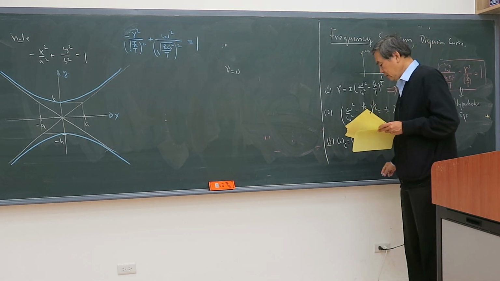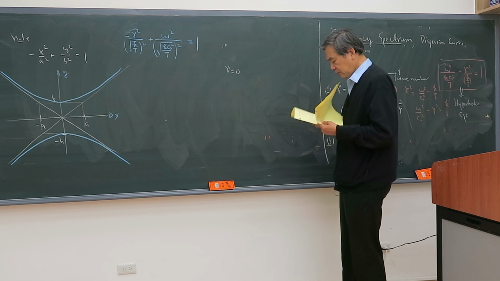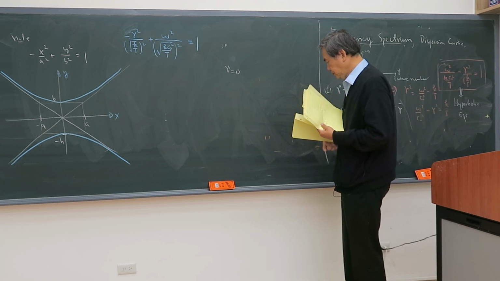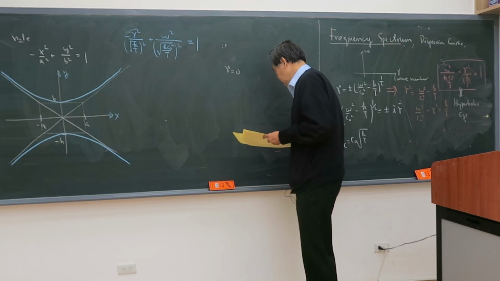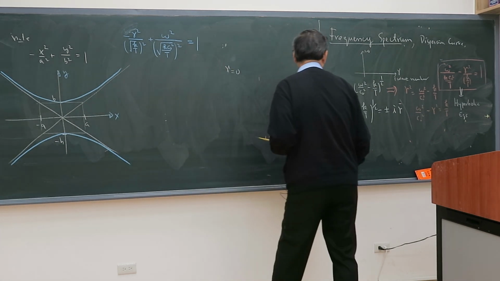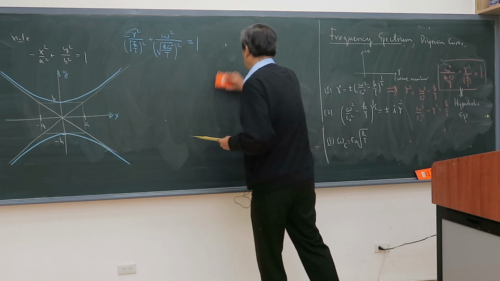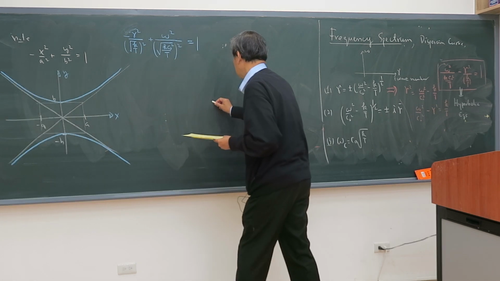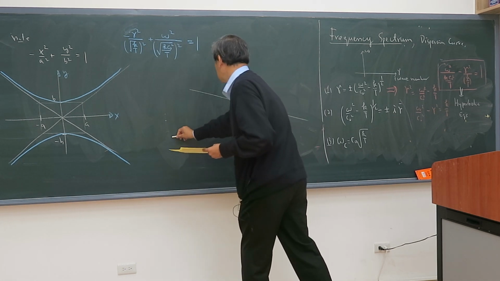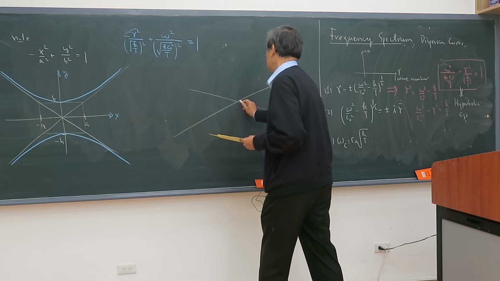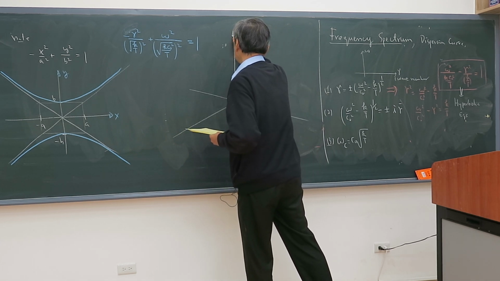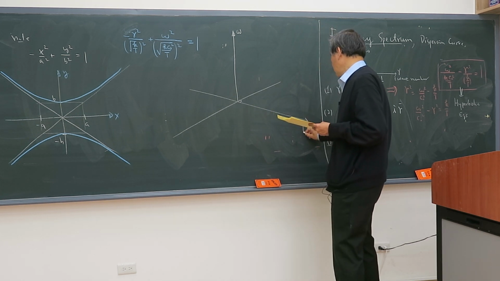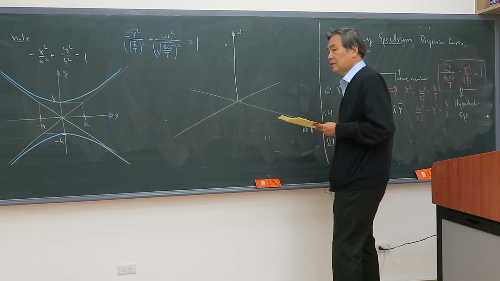Then what I have, let me draw here. This is my omega axis, and this is a real gamma solution.